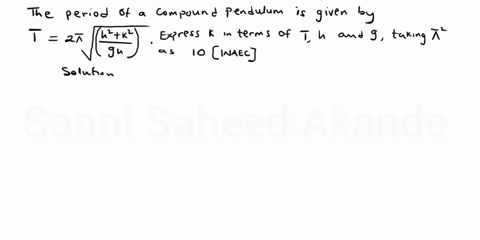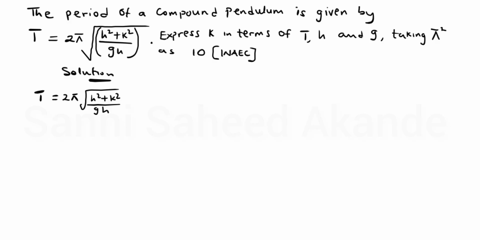Okay, so we have T equal to 2 pi then square root of h squared plus k squared divided by gh. Okay, so the first thing we are doing here is to take away the square roots, and I'm going to do that by taking the square of both sides.